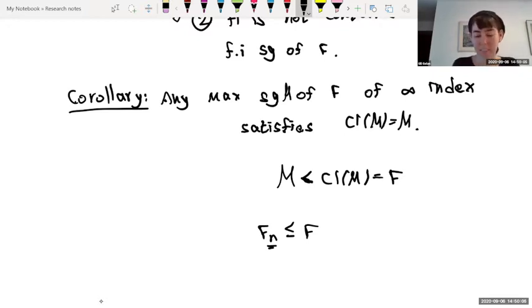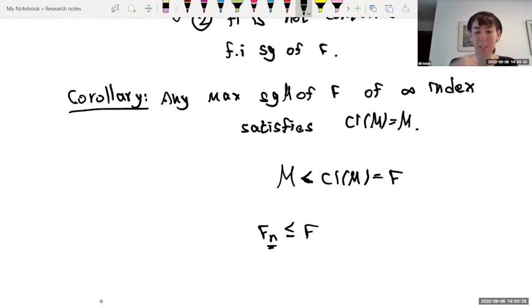I have a question, Gili. Do you know if these subgroups are always finitely generated? No, actually, it's a very interesting question. First of all, you can have maximal subgroups of infinite index which are not finitely generated. The interesting question is if you have a finite core.